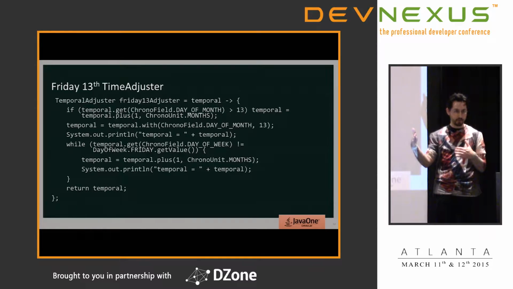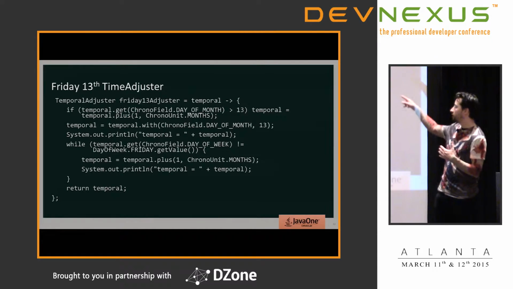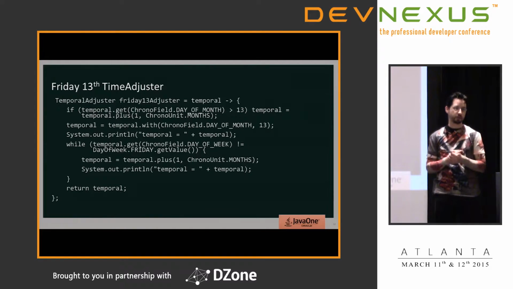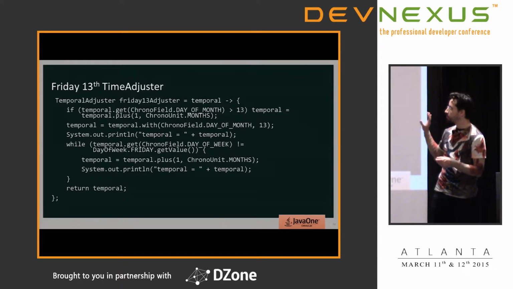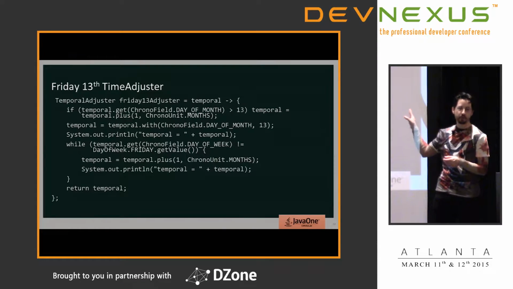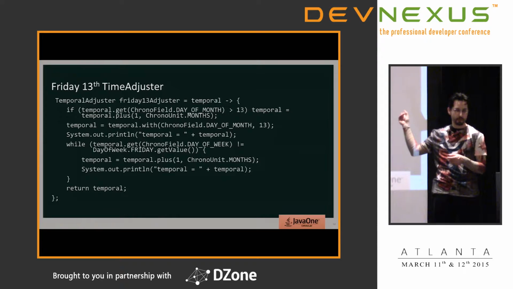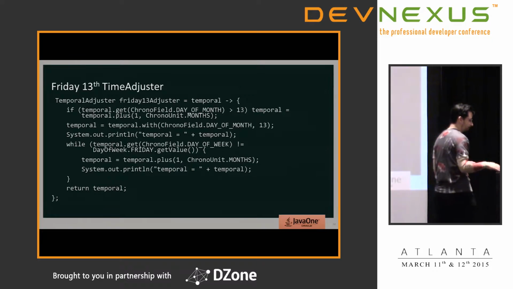But if you're after the 13th, you wouldn't want to accidentally return back the current month's Friday the 13th, which could be in the past. So that's why at the beginning, it checks to see if we're before or after the 13th of the month and increments the month once. But fairly straightforward. And you could write custom temporal adjusters for a whole bunch of other things. So I'll show you a second example of a temporal adjuster which does something funky with the dates and times in a sec.